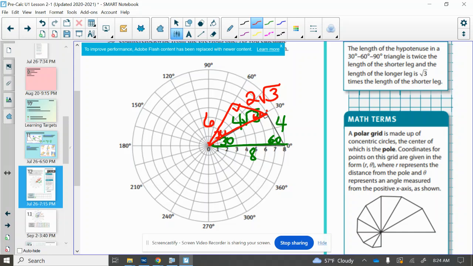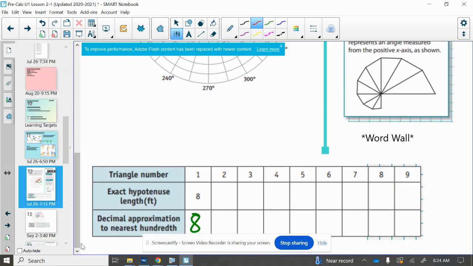So 2 times square root of 3 times square root of 3 is actually going to end up being 2 times 3, or 6. Okay, so our hypotenuse on this one ended up being 4 square root 3, which is approximately 6.93. Then this became 6.